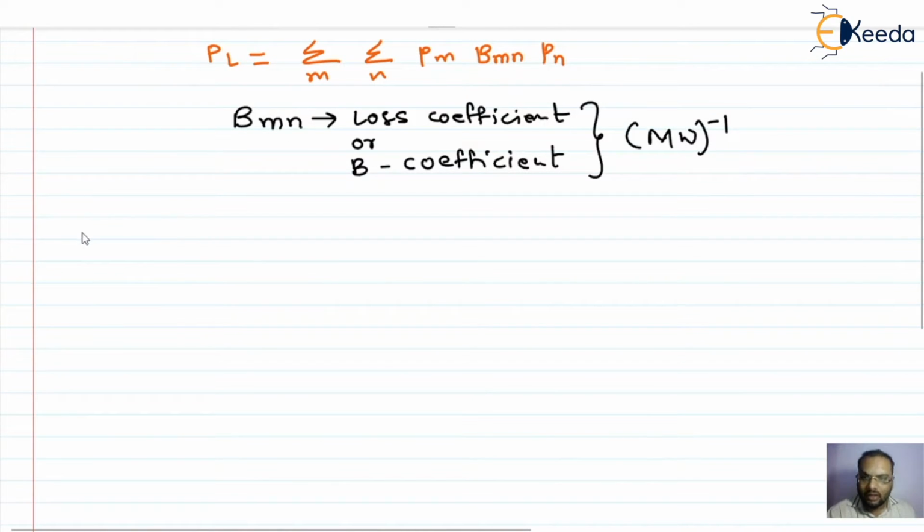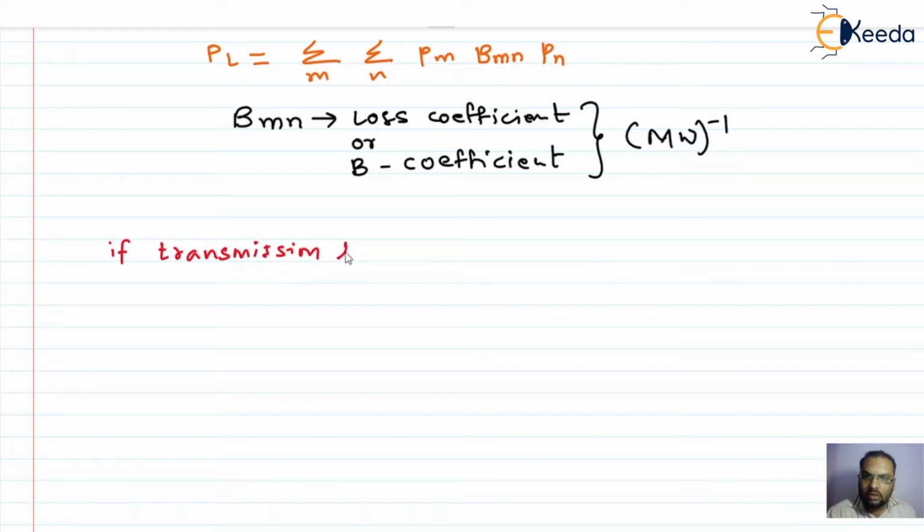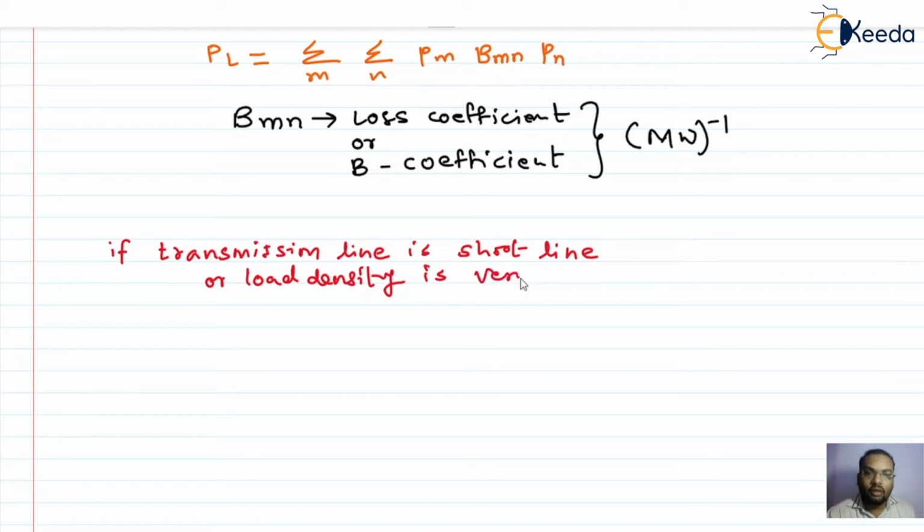So what are the conditions? If the transmission line is a short line, or the load density is very high, it is not for very low.